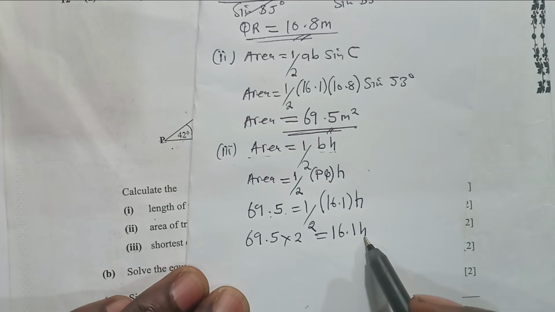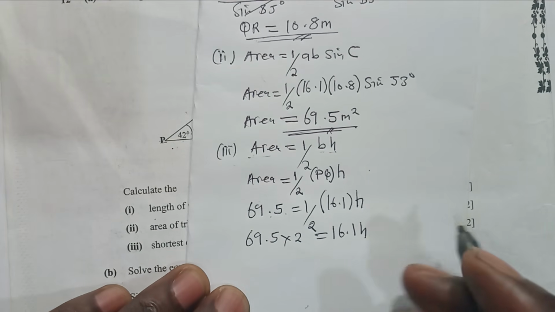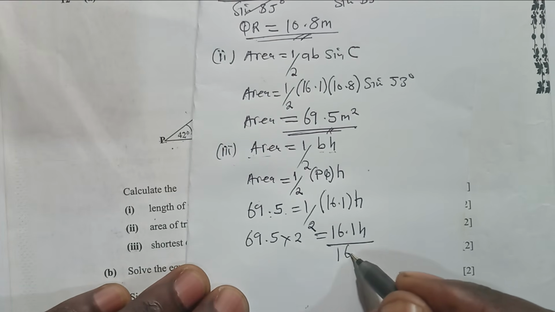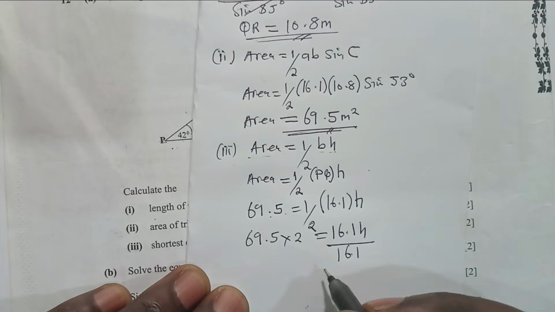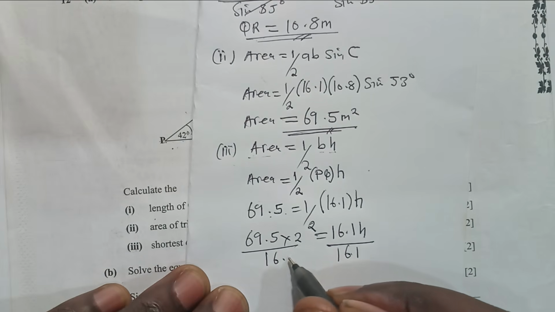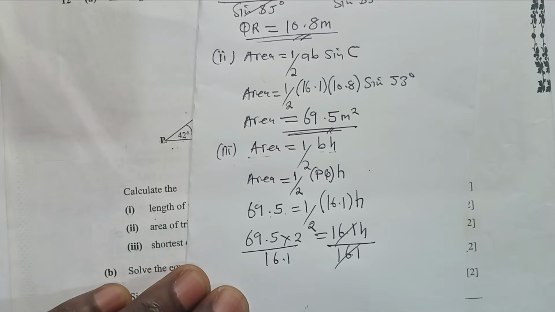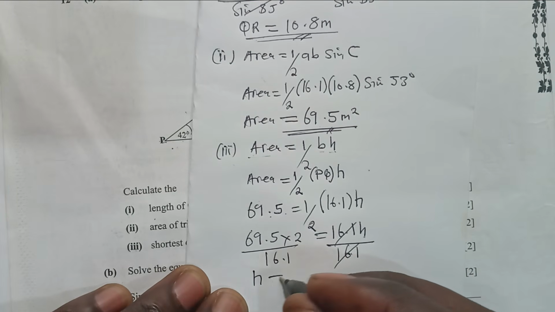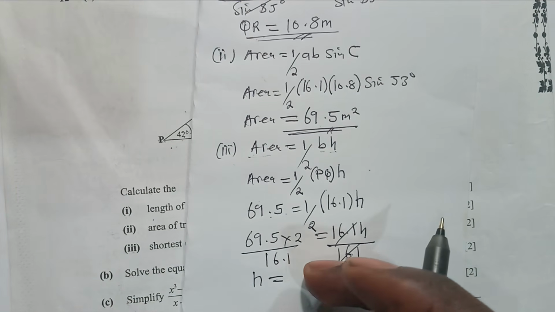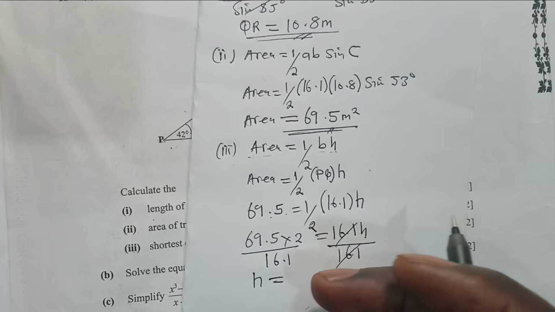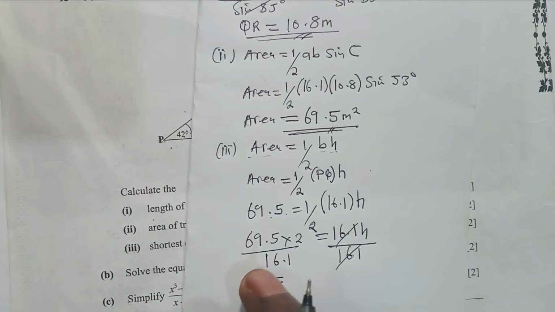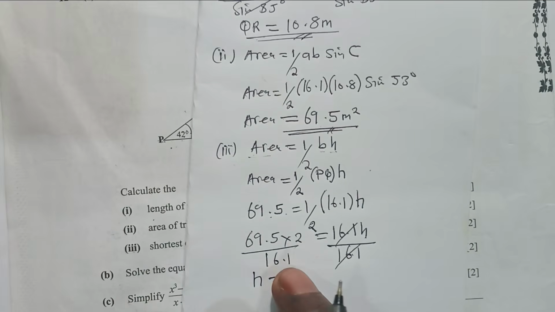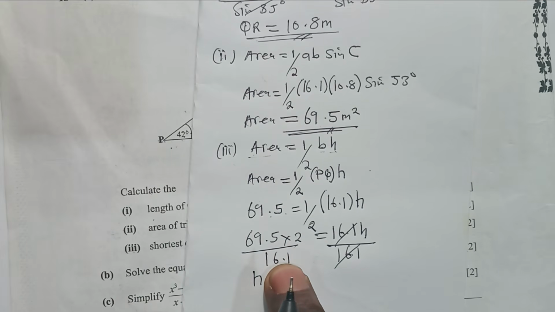Our interest is in the perpendicular height. So if we divide on both sides by 16.1, then the height is going to be the value of this perpendicular height we are referring to. So we multiply 69.5 times 2, then divide the solution by 16.1.